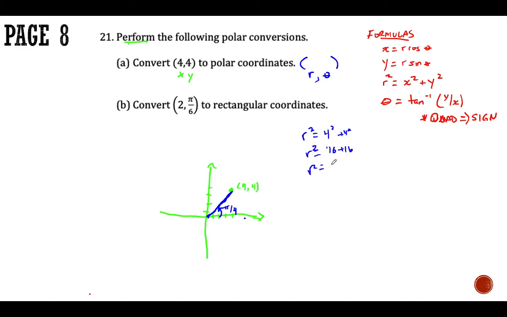R squared is equal to 2 times 16. R squared is equal to 2 times 4 squared. R is equal to the square root of 2 times 4 squared. But then therefore r is equal to, since 4 is squared and you're taking the square root, the 4 comes out and it's 4 radical 2.